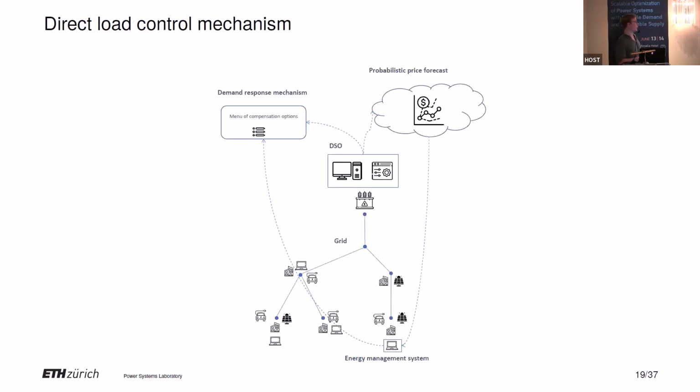So basically, if you want a little scheme, it might look like this. Here you have the DSO, which is controlling its grid, and it's going to not only provide a menu of the different options by which the users can be activated, but also some price forecast that will allow actual coordination of the users, and the users are going to be able to use the price forecast in order to choose their menu option.